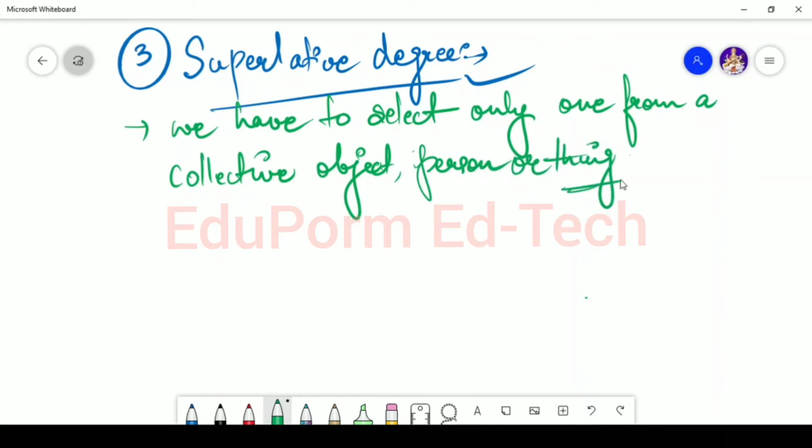Okay, so in that case we make use of superlative degree.